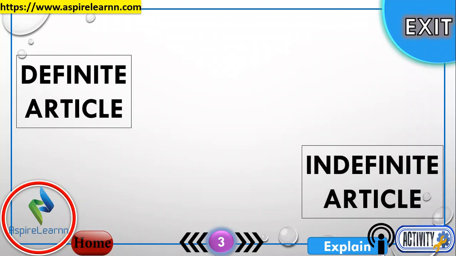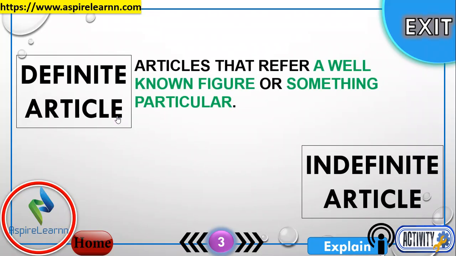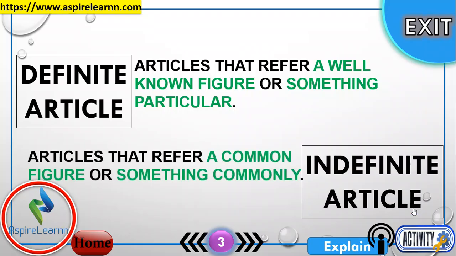Here's a breakdown. 1. Definite article, the. Used when referring to a specific or well-known noun. Example: the sun rises in the east, a specific sun. I met the doctor you recommended, a particular doctor. 2.